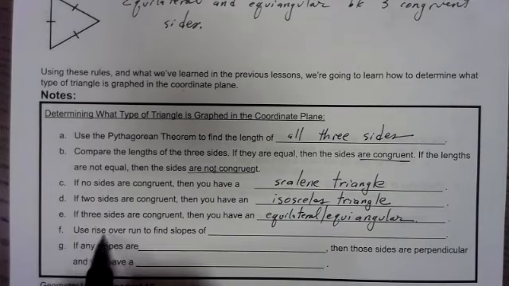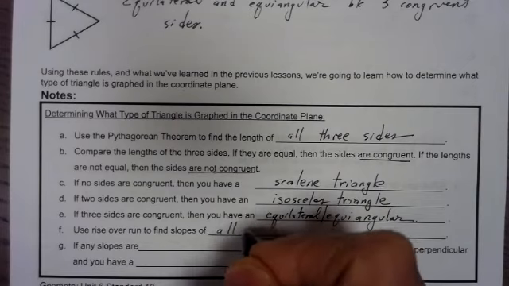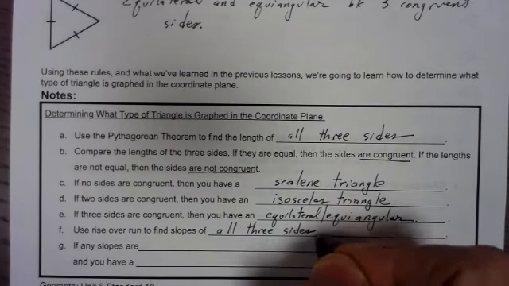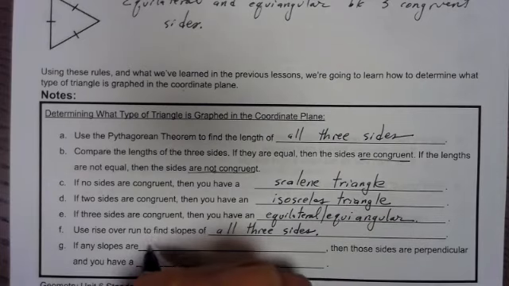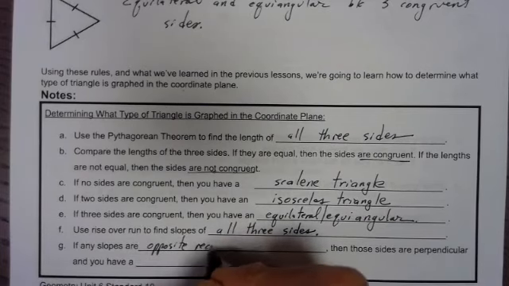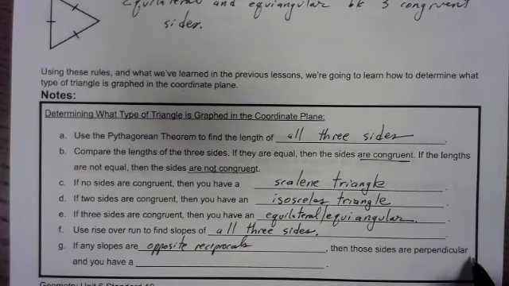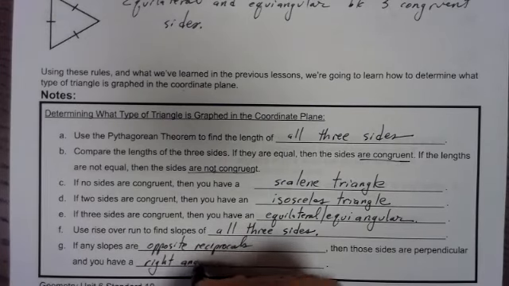Then after that, we're going to use rise over run to find the slopes of all 3 sides. We're going to do that to determine if we have parallel or perpendicular. If any slopes are opposite reciprocals, we know that those sides are perpendicular, and you have a right angle.